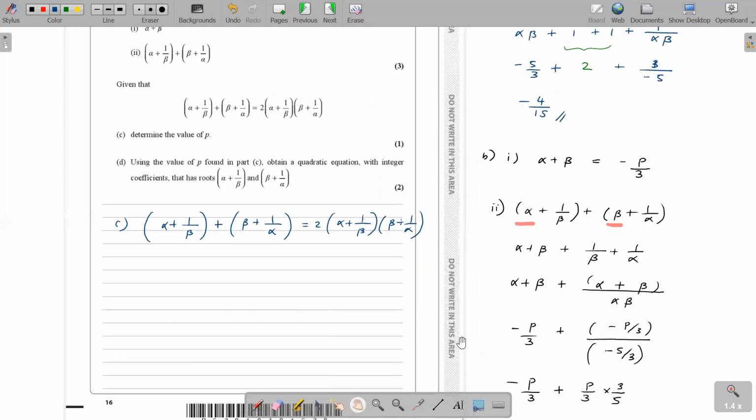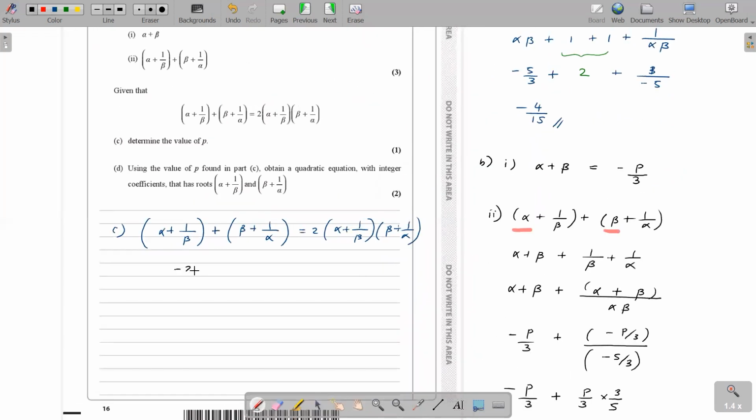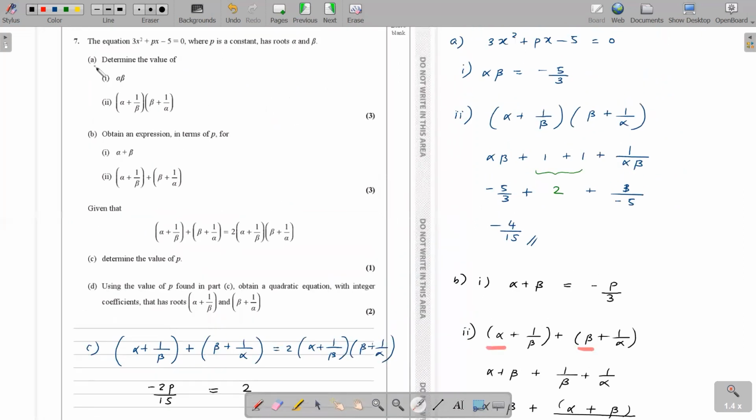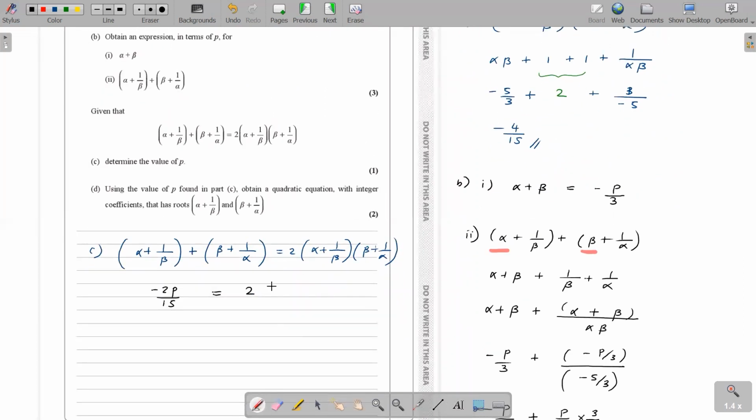Minus 2P over 15. Shall we replace this as minus 2P over 15? This is equal to 2 times. What about this product? Alpha plus 1 over beta into beta plus 1 over alpha is found in part A, Roman number 2. Minus 4 over 15. Are you with me? So both sides you get a negative.